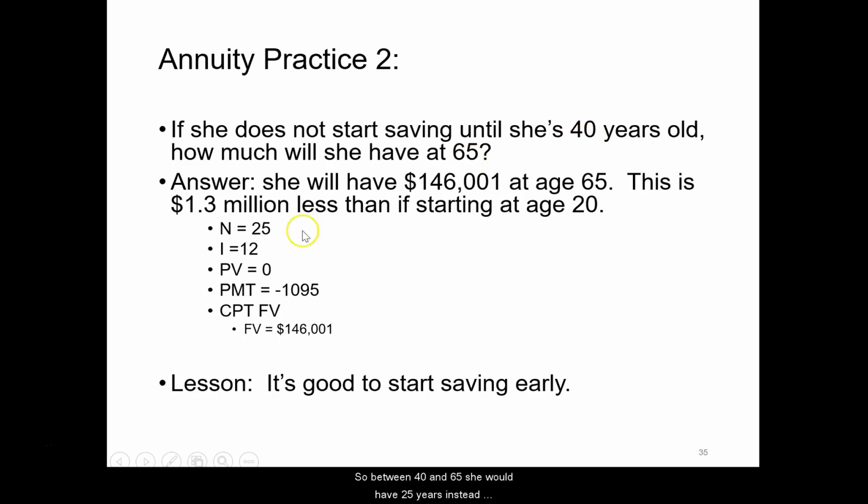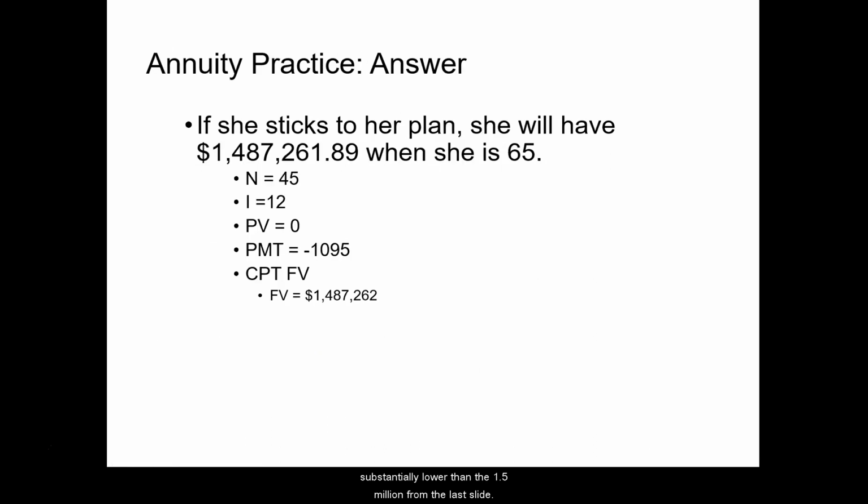So between 40 and 65, she would have 25 years instead of 45 years. Same 12% interest rate, same $1,095 per year. If you calculate the future value, now the future value is substantially lower than the 1.5 million from the last slide.